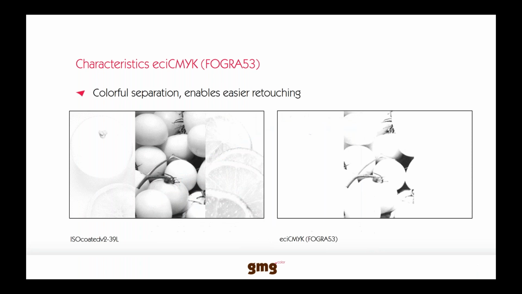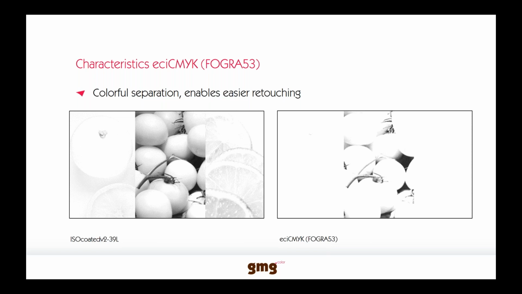Let's first have a closer look in the separation. So, what is different? For FOGRA53, we have a very colorful separation, so a very strong CMY and a very weak black, as you can see here on the screenshot. This has been done to enable easy retouching.